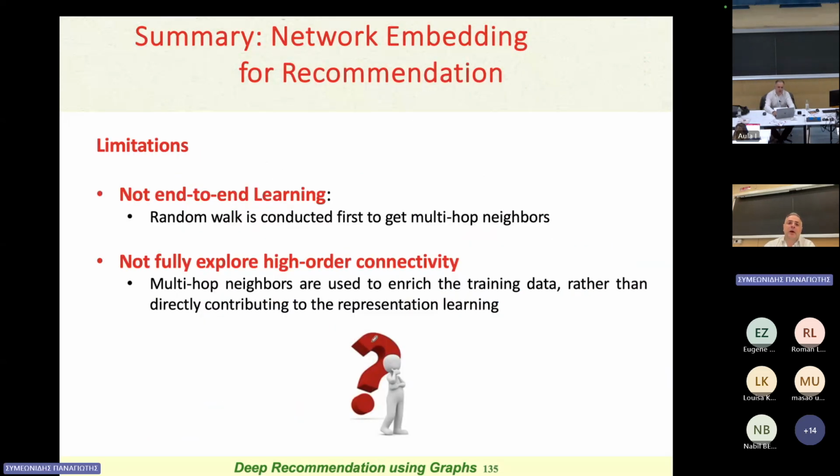Okay, of course, there are some limitations in these works. For example, these random walks are an offline step that you have to consider, so this is not an end-to-end learning process. Okay.